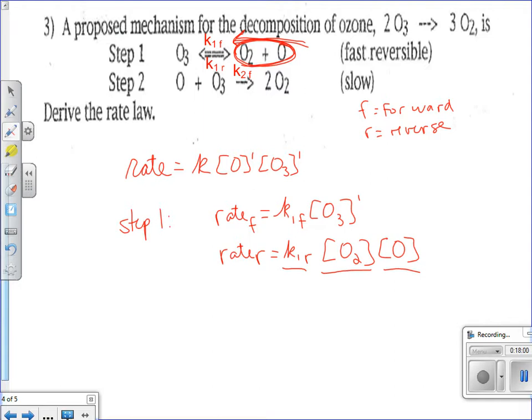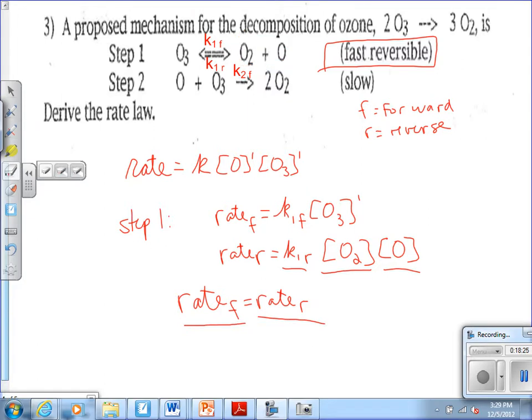Okay, so now I'm told this is fast and reversible in step 1. What that means, if something is fast and reversible, it means that rate forward is equal to rate reverse. You have to know that whenever you have a fast reversible reaction, the forward rate is equivalent to the reverse rate.